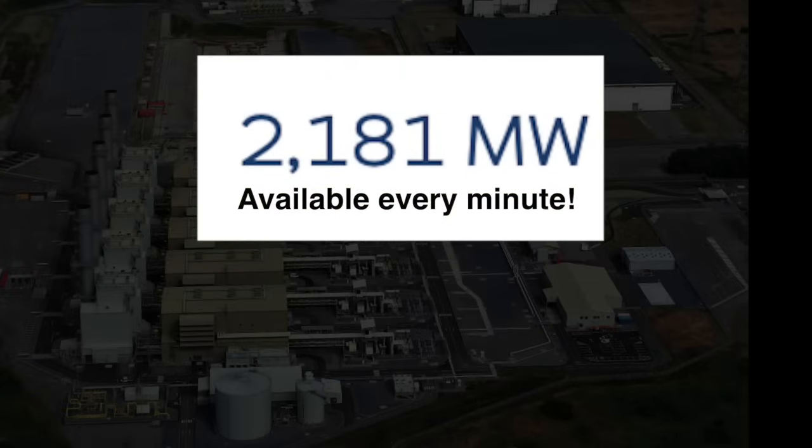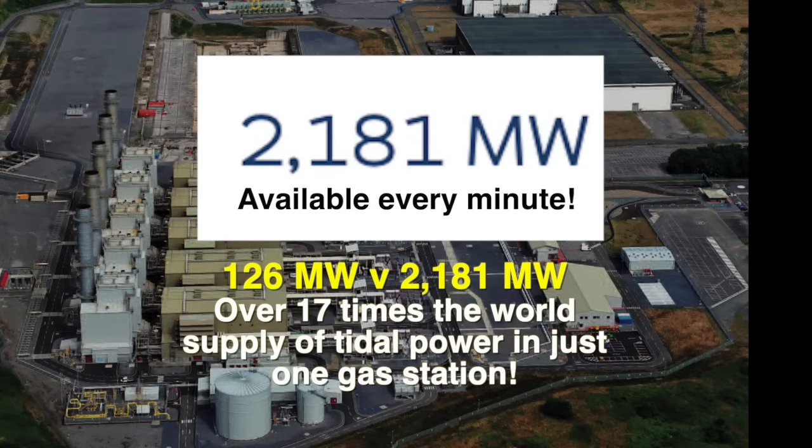So how do we compare that to the 126 megawatts coming from all the world's commercial tidal power stations? There we are. One typical gas station will provide over 17 times the amount of electricity that all the world's tidal power stations to date can provide in total.